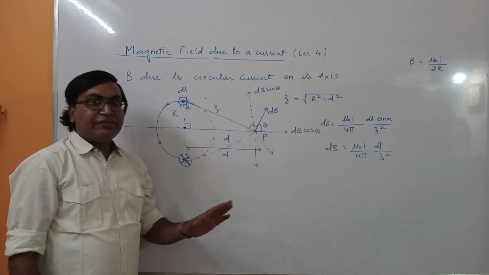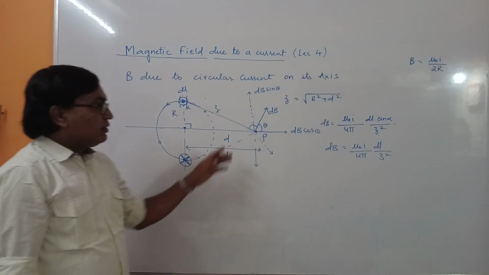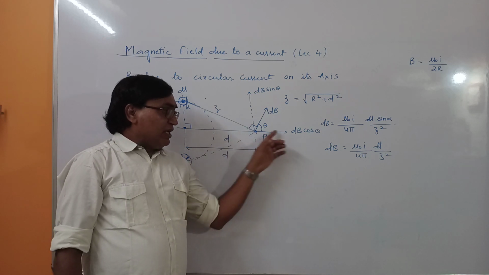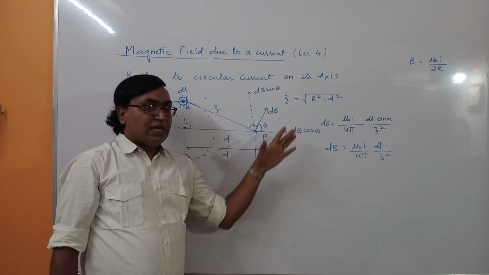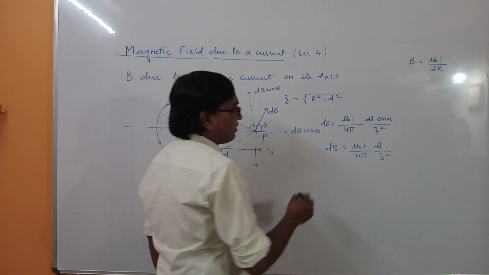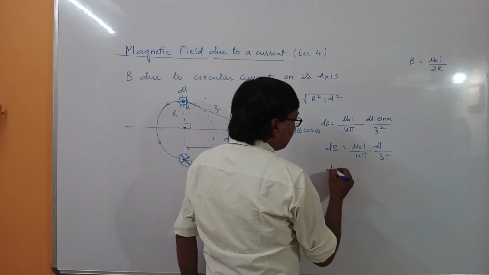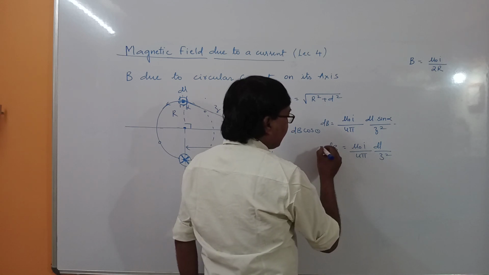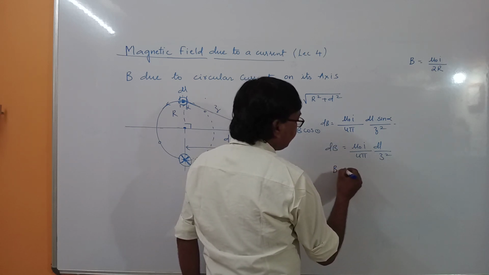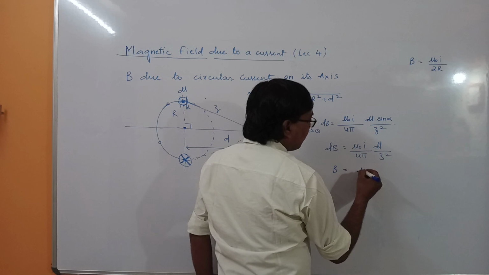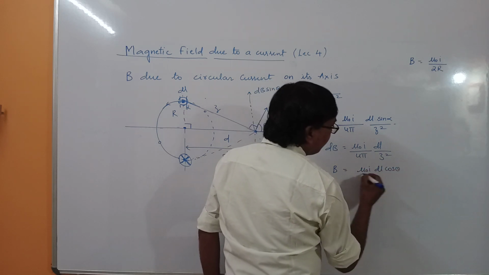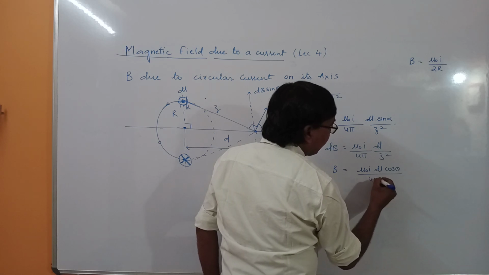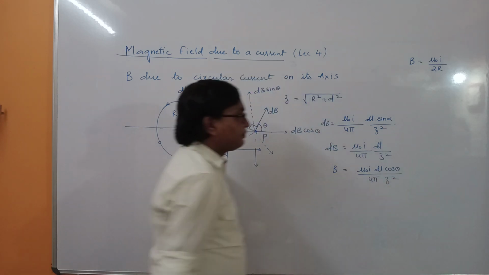This is the magnetic field. Now we have only the magnetic field which is contributing here, that is the cos theta component. So we'll take the cos theta component. So B, integration of this, B will be equal to mu naught I dl cos theta upon 4 pi z square.